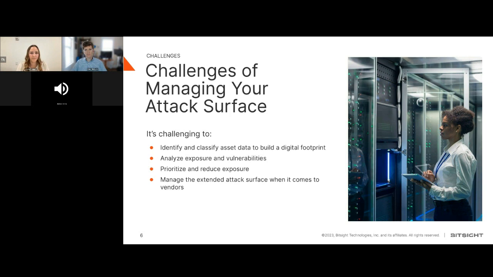Then, it's really important and can be quite difficult sometimes to prioritize and actually do that remediation work to reduce the exposure. And then there's a factor in terms of managing this, this concept of the extended attack surface.